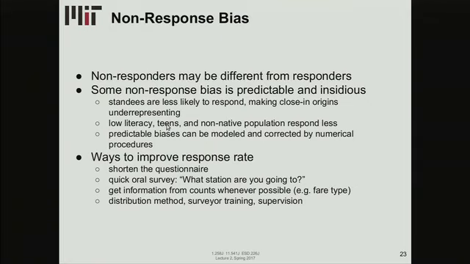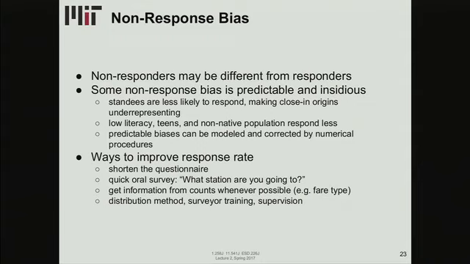People with low literacy, teenagers, and people who don't speak the language are less likely to respond, and they might have different travel patterns. If you understand those things and you get lower samples for them, you might be able to do some sort of correction to those biases. But you have to pay attention. How will you improve your response rate? Well, you can make your questions shorter.